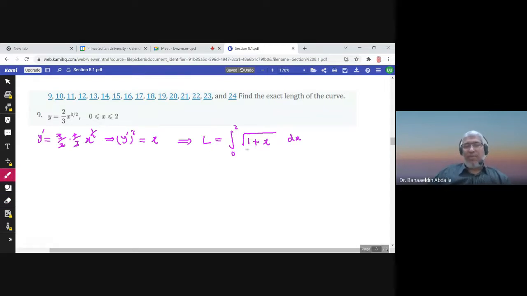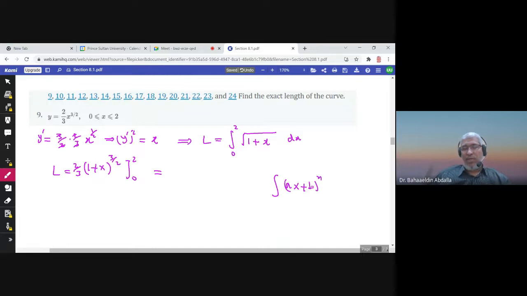So that's the length of the arc, and the integral of the square root of 1 plus x is easy. It is 1 plus x, we write it to the power half, and then we add 1 over 3 over 2, 2 over 3, and we find the integral from 0 to 2. Okay, please continue and find the answer. And remember that we can use this formula when we have ax plus b to the power n.